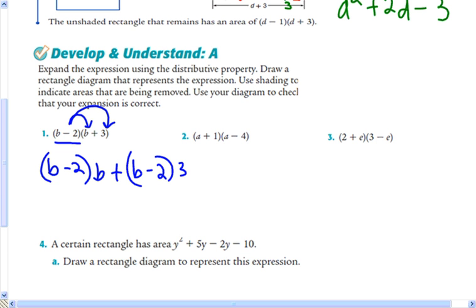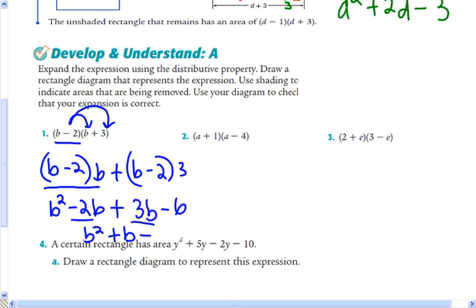And then to simplify that, we will expand each of those expressions using the distributive property again. We get b squared minus 2b plus 3b minus 6. And then we can combine like terms. Minus 2b plus 3b makes 1b. And our final trinomial is b squared plus b minus 6.